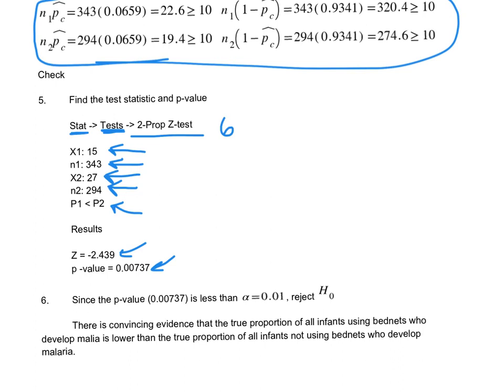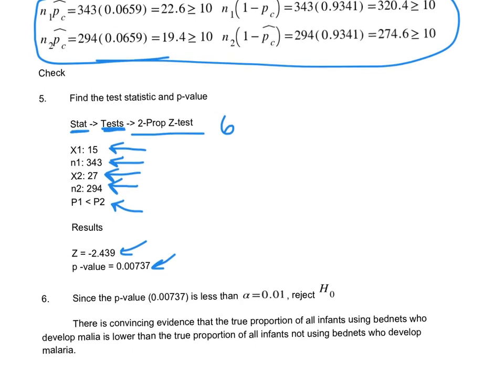And since that probability of getting at least as extreme a value as negative 2.439 is low, we do say there is convincing evidence that the true proportion of all infants using bed nets who develop malaria is lower than the true proportion of all infants not using bed nets who develop malaria. We reject the null.